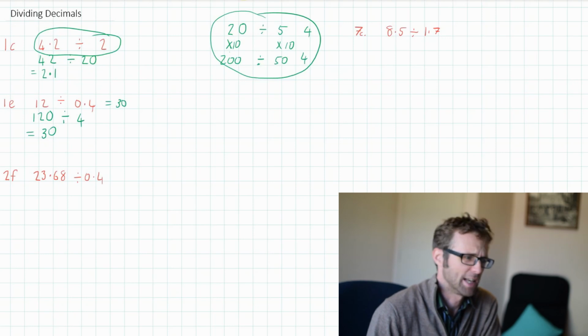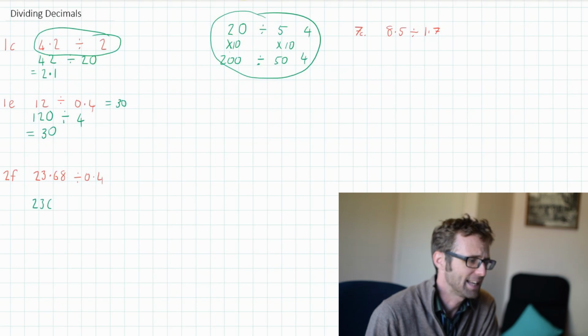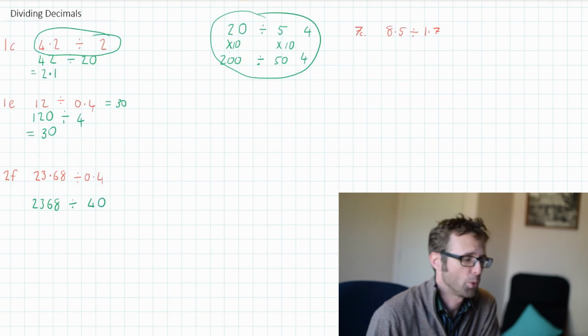Now, sometimes we get some slightly harder ones. I'm going to multiply 23.68 by 100, so I'm going to get 2,368. And I'll have to multiply this 0.4 by 100 also, so that it'll become 40. Now, I could do an algorithm at this point, or I could just say 40 into 2,000 is going to be 50, right?